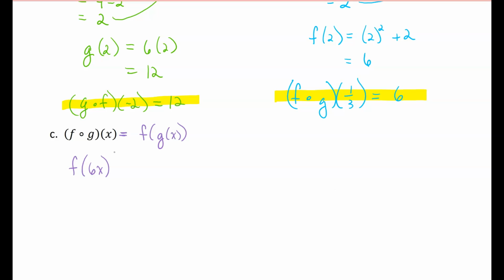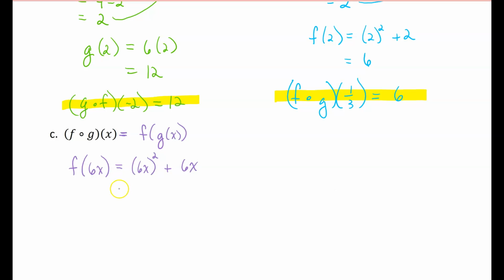Into every x that is in f of x, exactly. So my first x term in f of x is x squared. So I'm going to replace that x there with 6x, and then remember to square it. And then the next term is just a single x, so we replace that x with 6x.